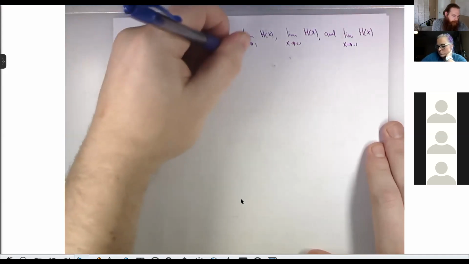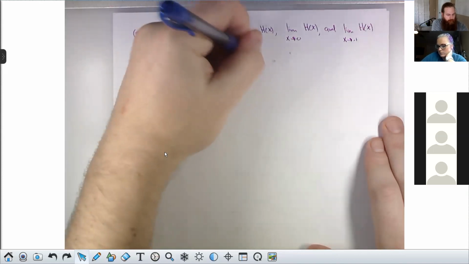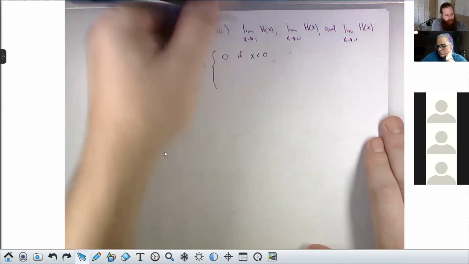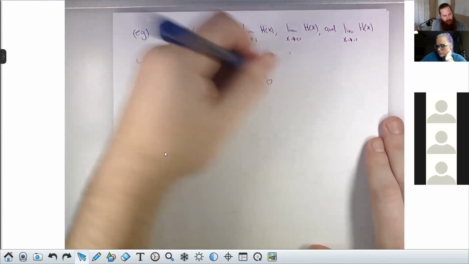It's 0 if x is less than 0, and it's 1 if x is greater than or equal to 0.